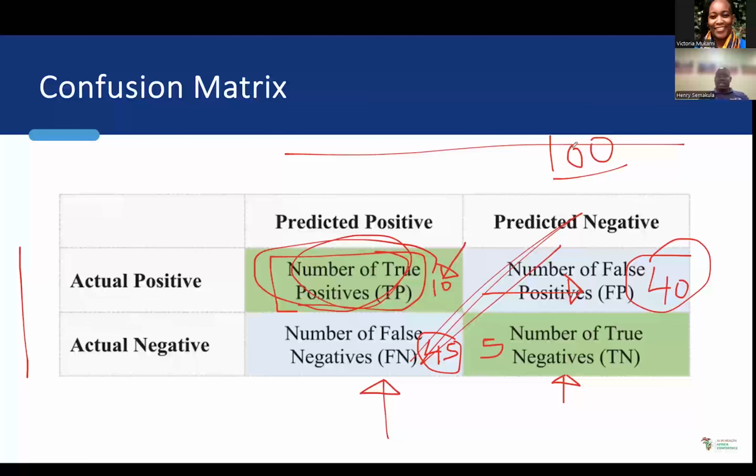That's why in this example of having maybe 100 records, if you have, for example, 45 here and 40 here, and you only have 10 this side and maybe 5, then your model is performing well. In other words, the false positives are wrong predictions made by the model. And the false negatives are wrong predictions made by the model.